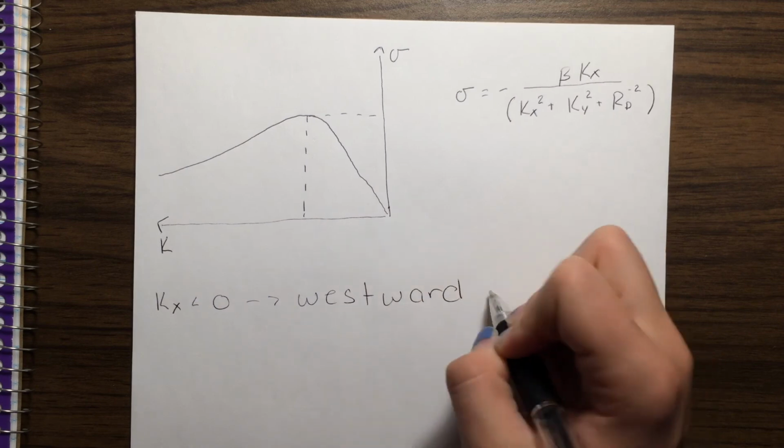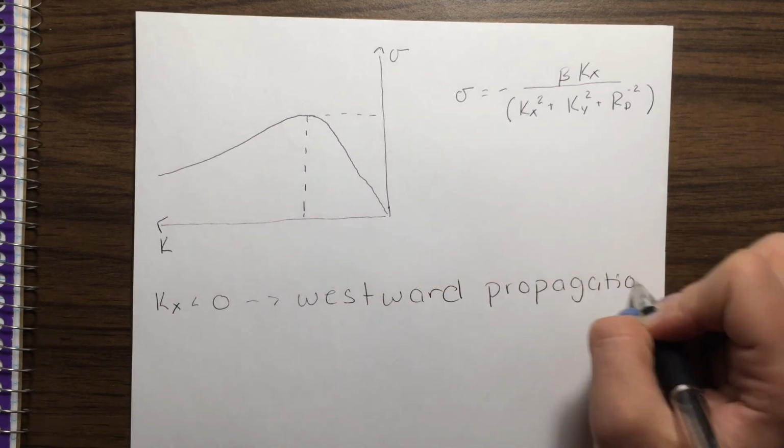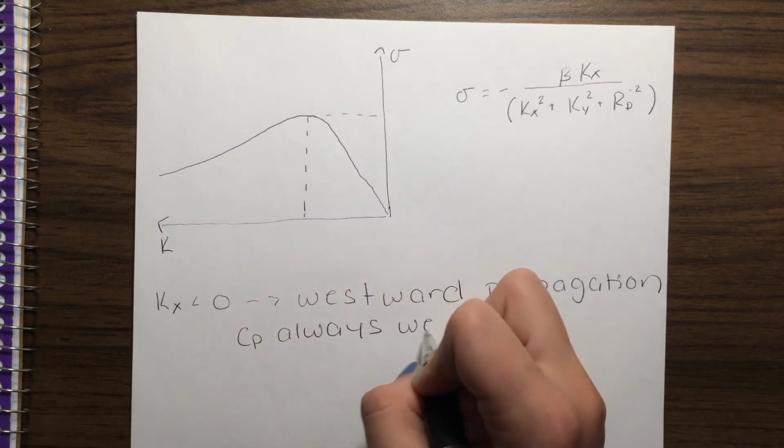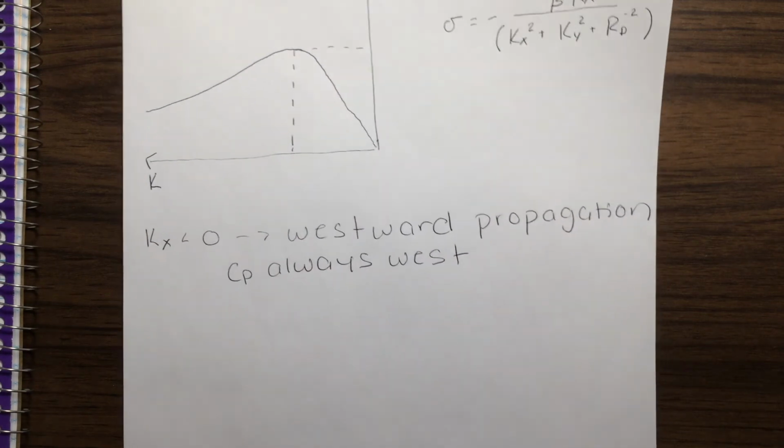In this case, we note that kx is always less than 0, meaning that we have a westward propagation. So our phase speed, or our phase velocity, is always west.